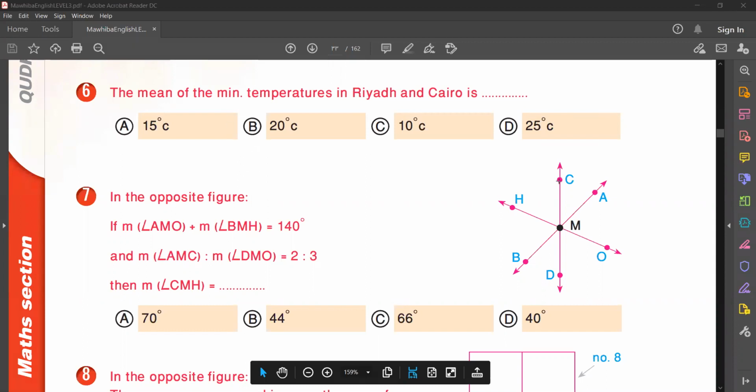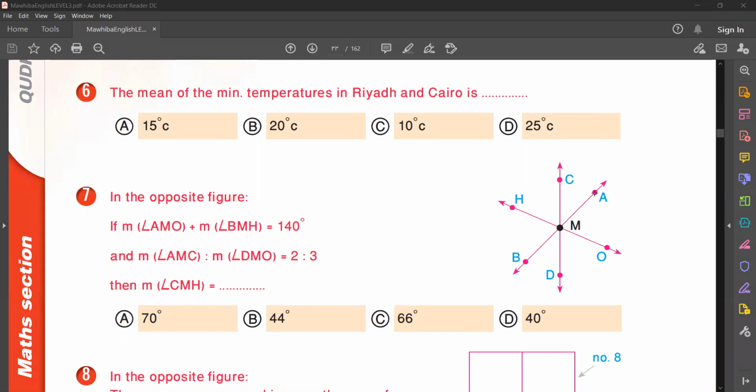Where is it? A, this MO, look here, MO, plus BMH, like this, BMH.